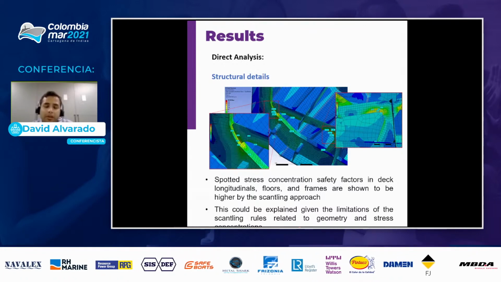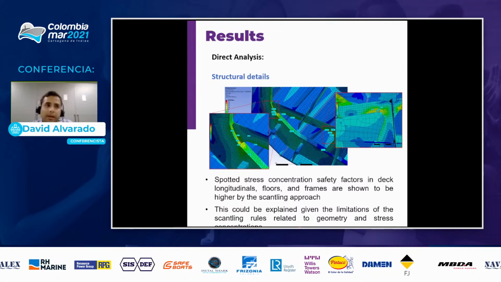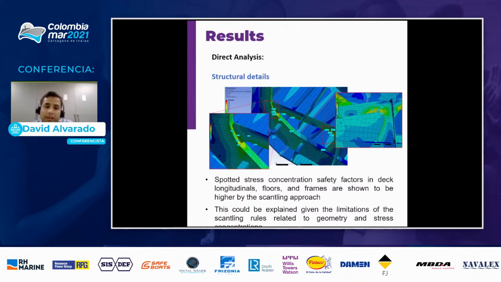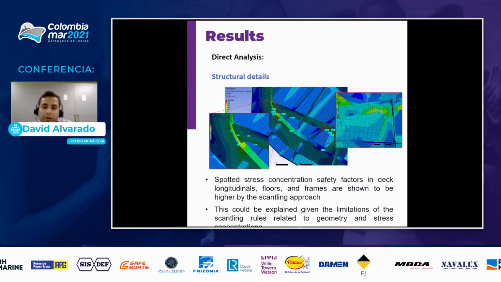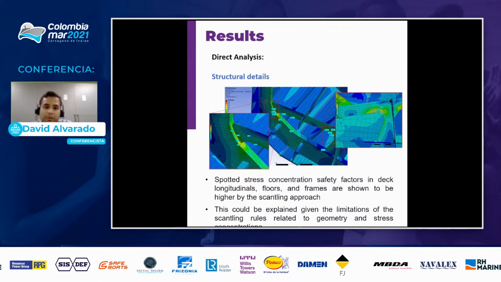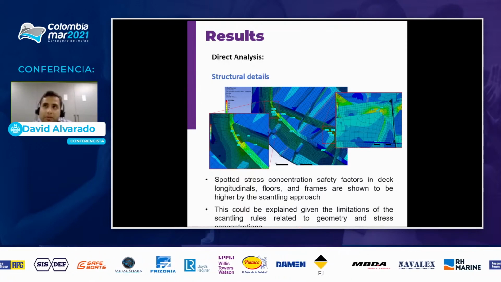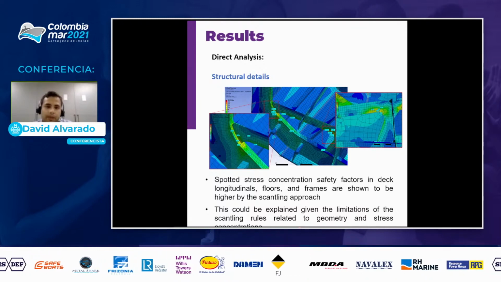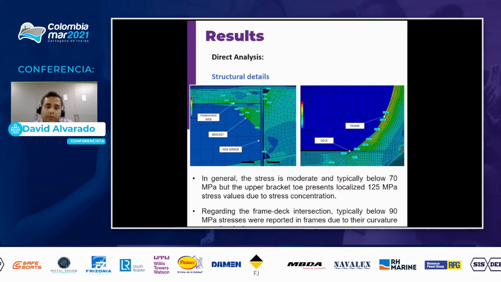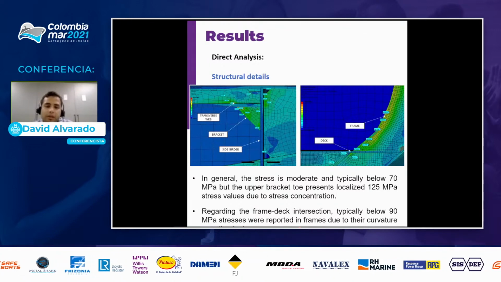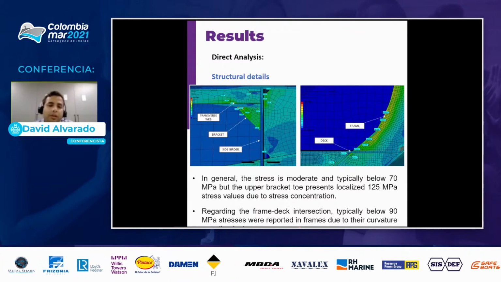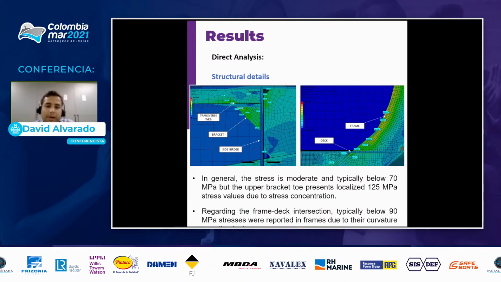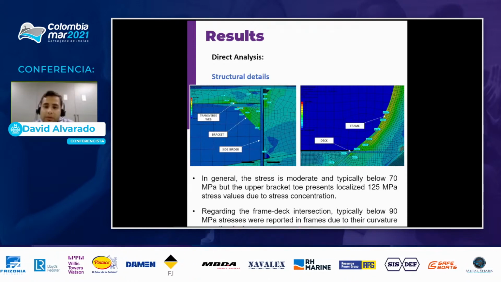The standard considers separation between profiles and frames and the property of materials and the pressure, but it doesn't really take into consideration the concentration of stress, which we could see all across the boat.